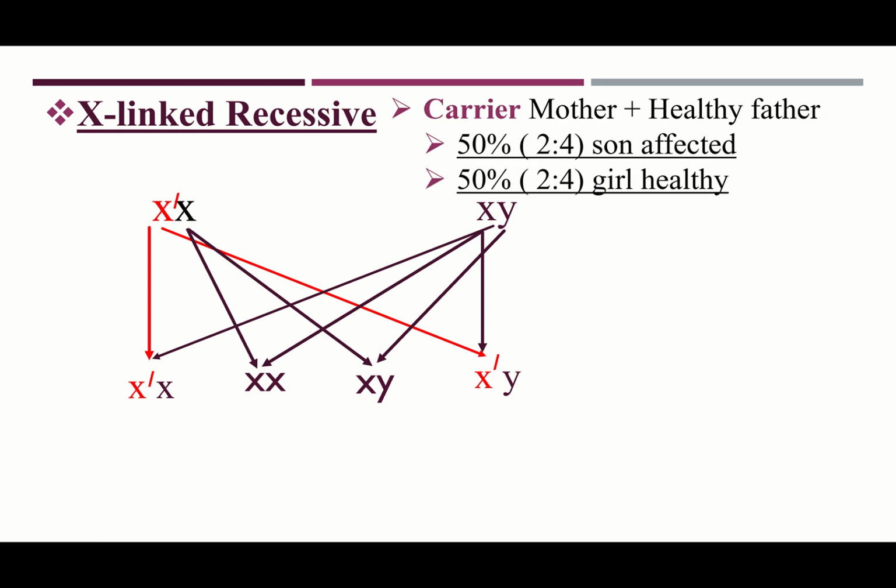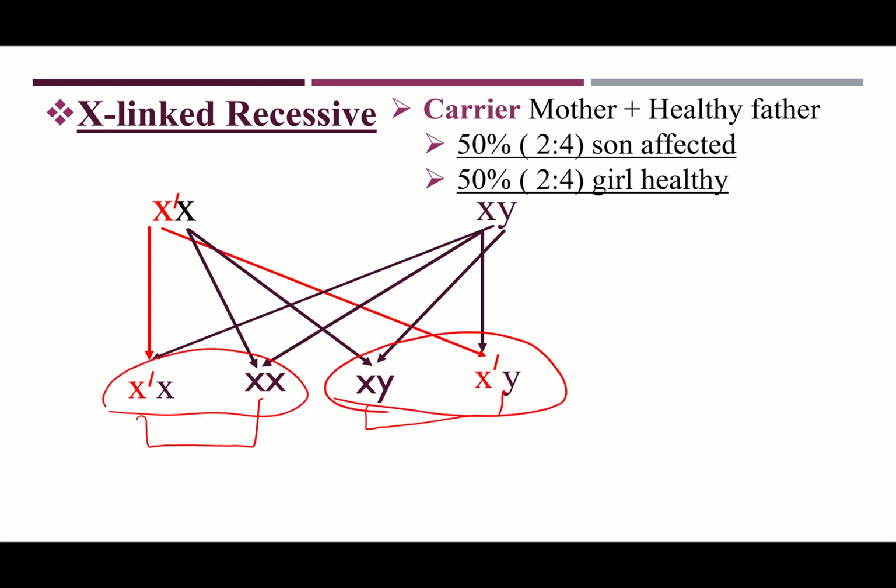A carrier mother with a healthy father will have 50% of her sons affected, 50% of the girls carriers. Okay, 50% of the boys and 50% of the girls. They're trying to say that out of four, if two are girls and two are boys, one of them being carrier means 50% of the girls being carriers, not actually healthy, it should be carrier, and 50% of the boys will be affected.